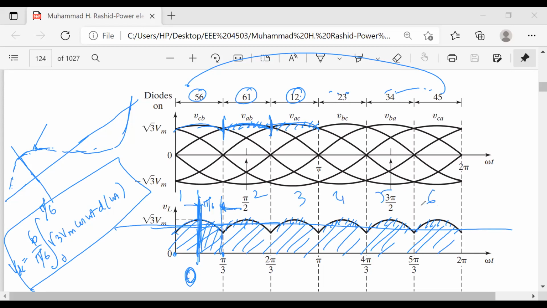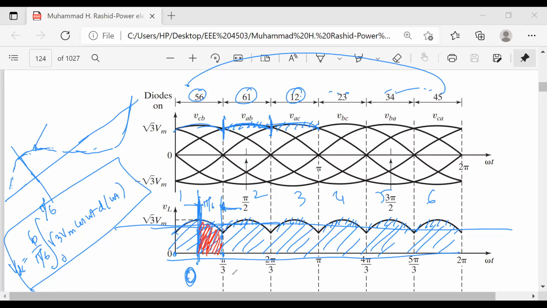Yes, sir. Okay. So here, instead of going through all the pulses, let us find out one segment. We want to find the average value of this segment, okay? Then multiply it by how many? 6 or 12?